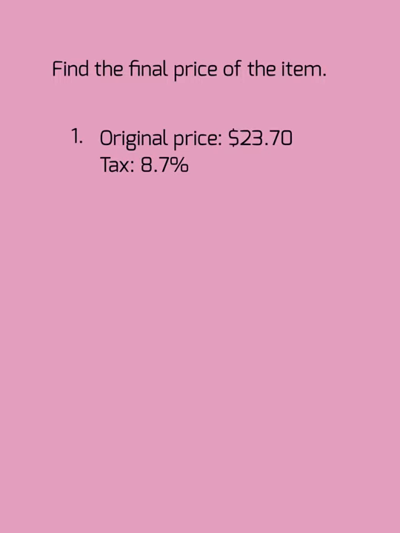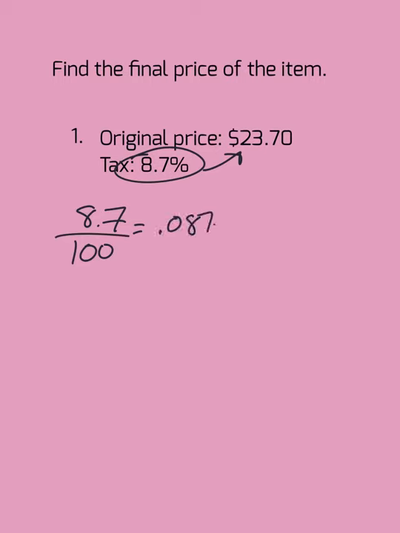Okay, so in our first one, we have a price item that is $23.70, and we know our tax is 8.7%. So we can use our percentage of tax and figure out what the exact change will be to add on to our original price. So we're going to start with our tax, and you want to turn it into a decimal, and you do that by dividing it by 100, and that will give us 0.087.